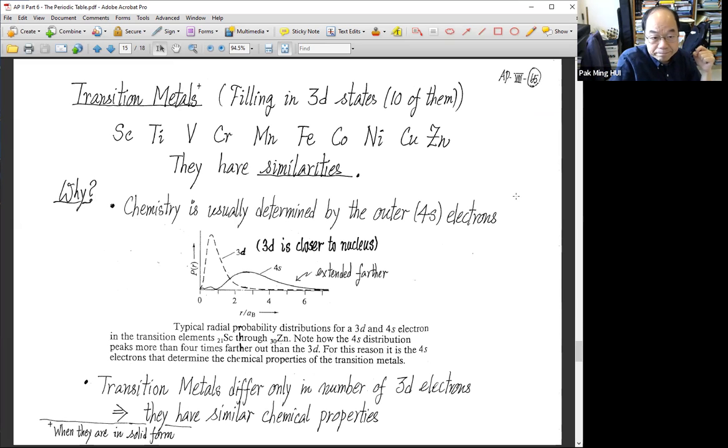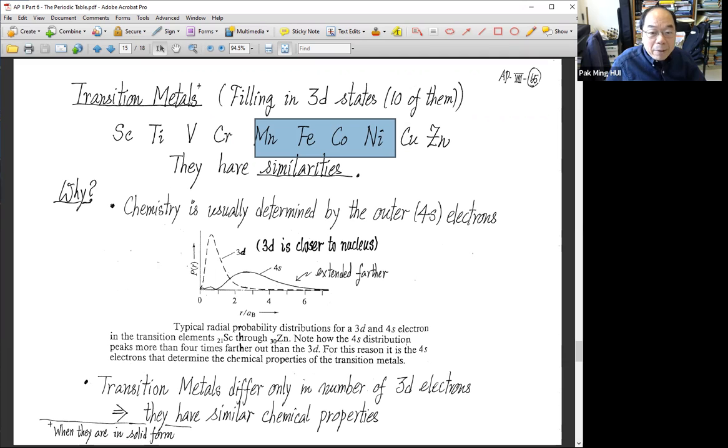Then we will encounter the 3d filling. And that is interesting because these are very useful. I think this field is very useful in terms of magnetic materials: manganese, iron, cobalt, nickel.